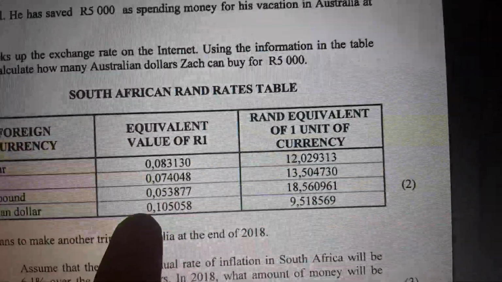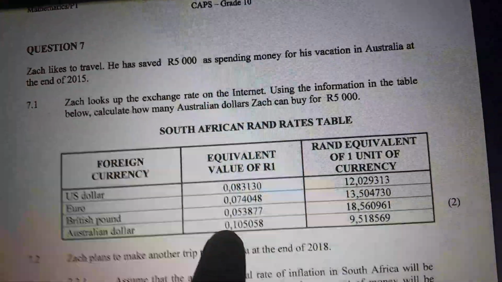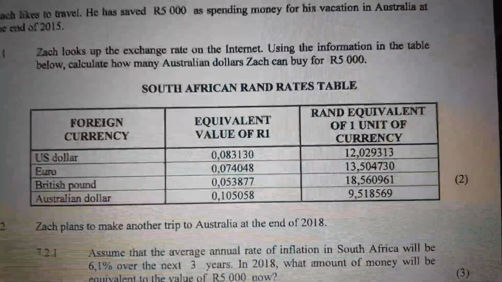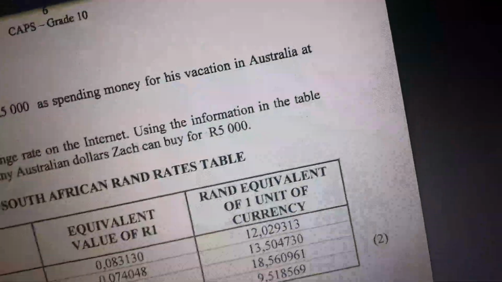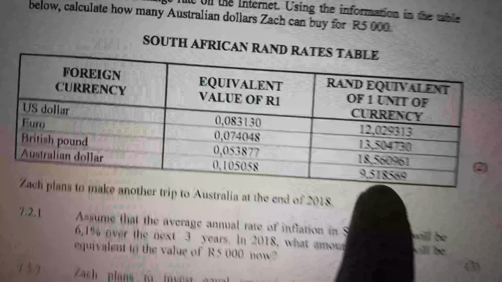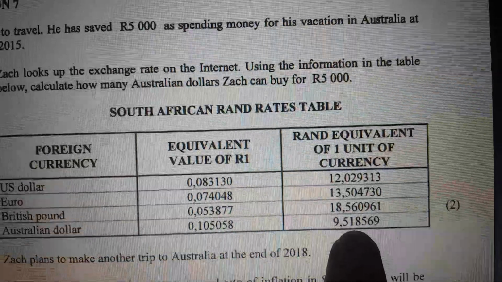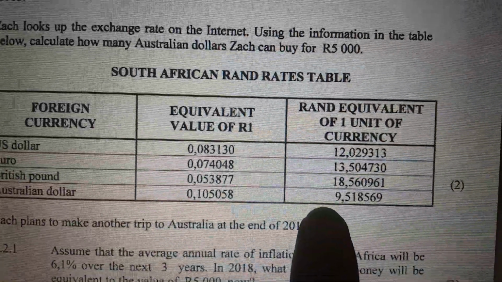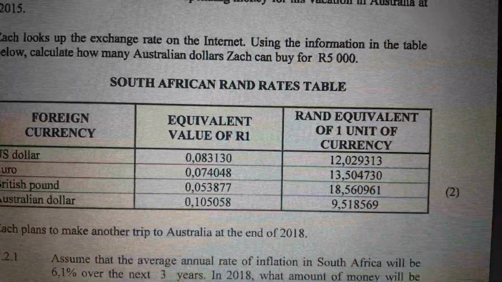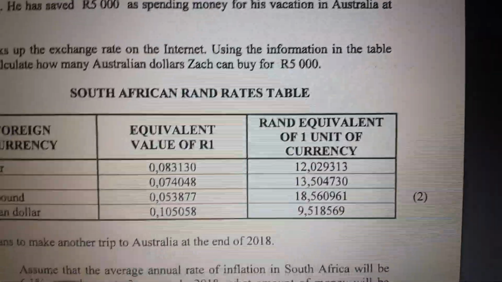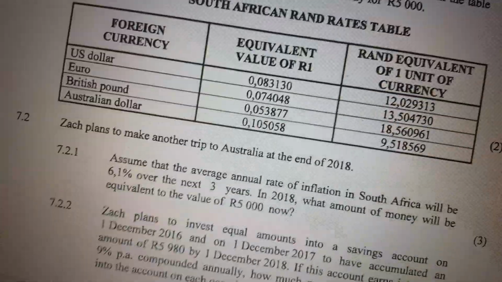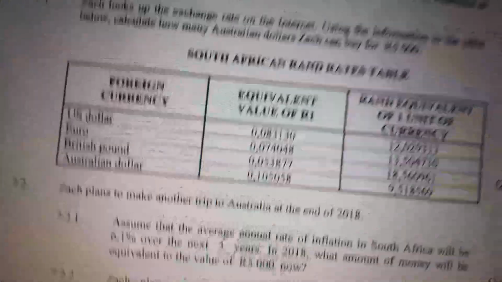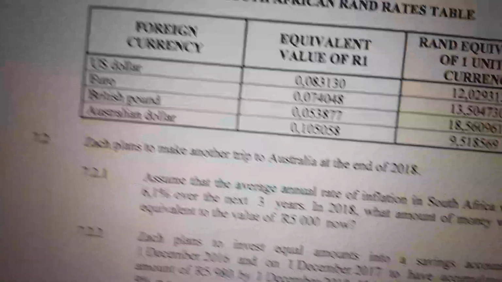This one here means that the value of 1 rand is equal to 0,105058. Or if you go the other way, it means that 9 Australian dollars 51 cents is equal to 1 rand. So as you can see, it means that our rand is very weak.